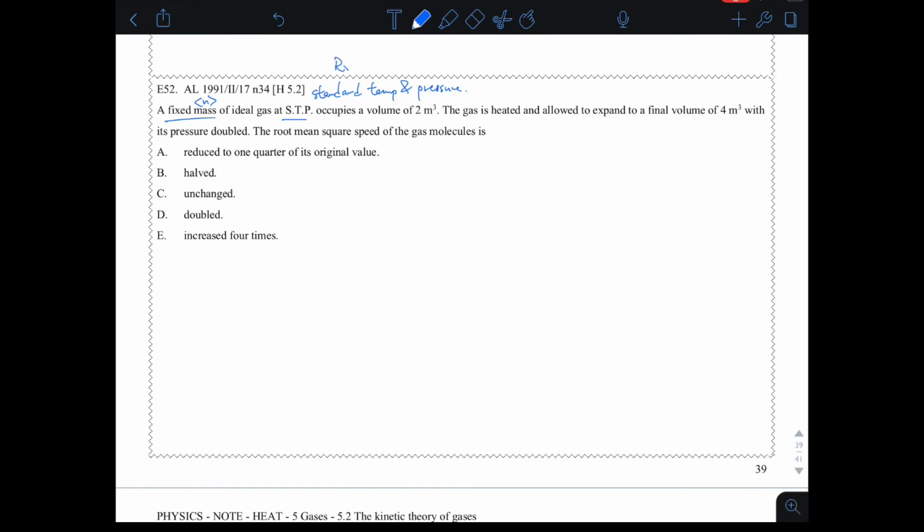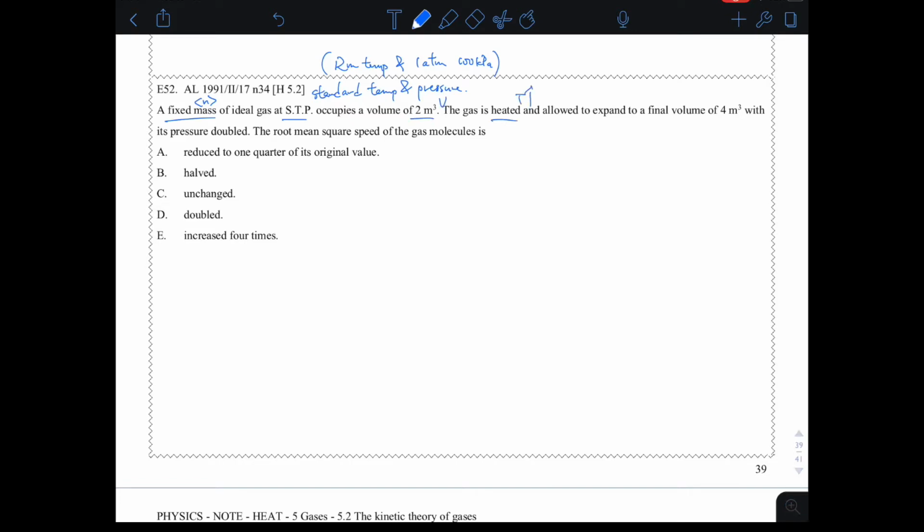That means we have room temperature and normal atmospheric pressure, which is around 100 kPa. But it doesn't matter, because you don't need the exact numbers, and you can't assume room temperature to be 25, and you can't assume 1 atm is 100 kPa. You just know that they are a particular amount, okay?